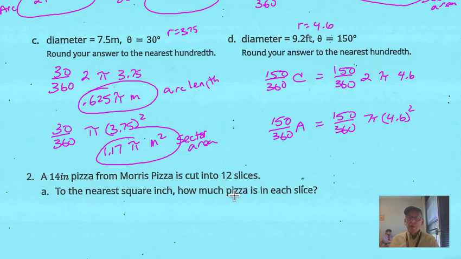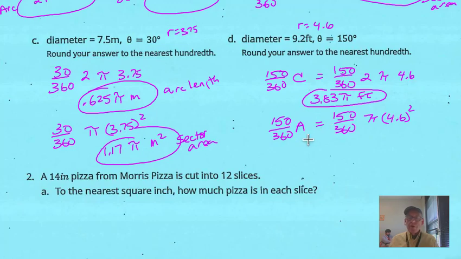Let's see what we get. So we get 3.83 pi, and our units are feet for the arc length.